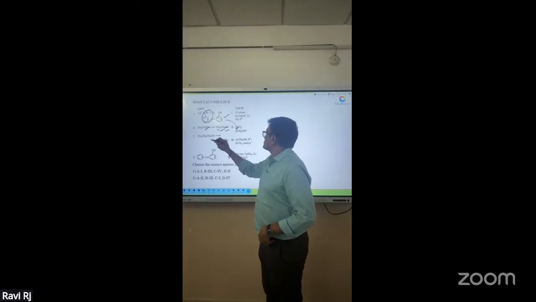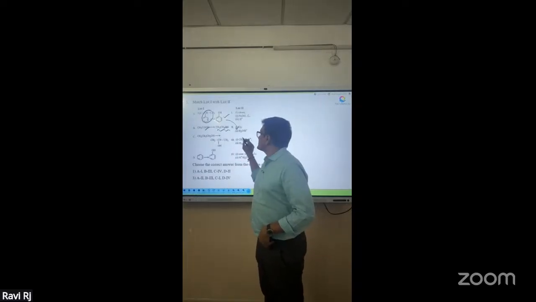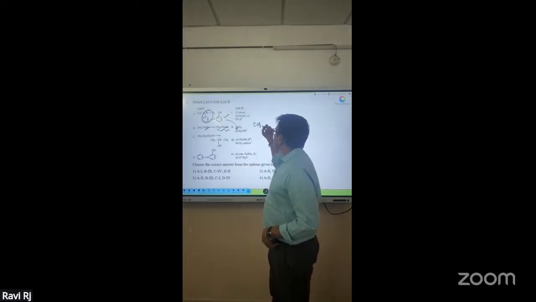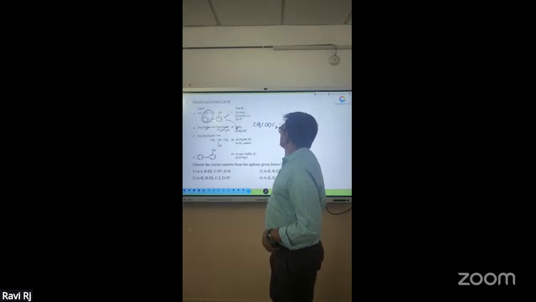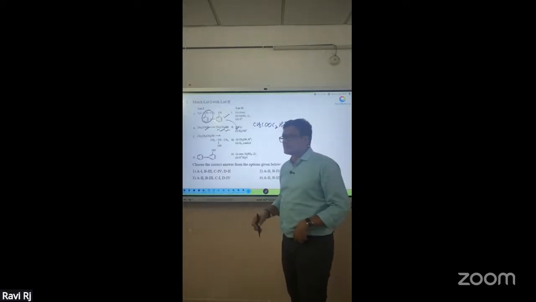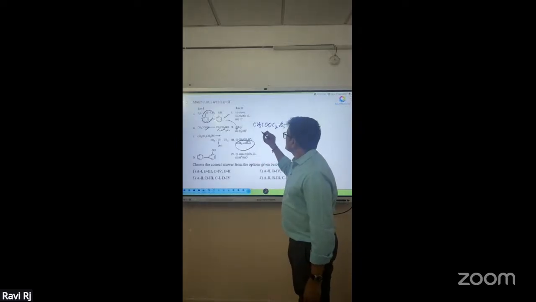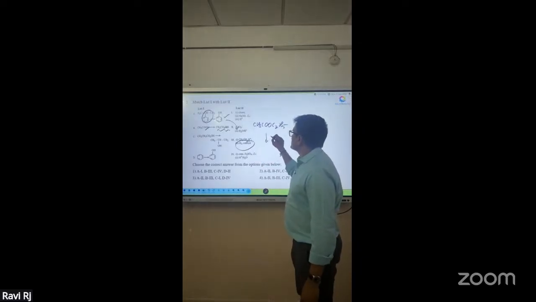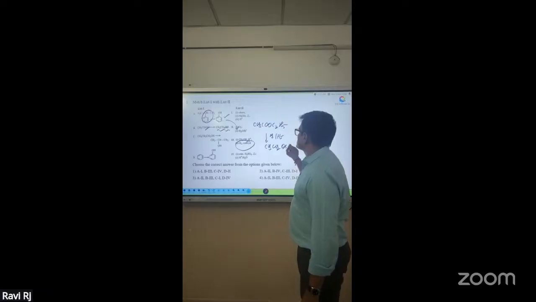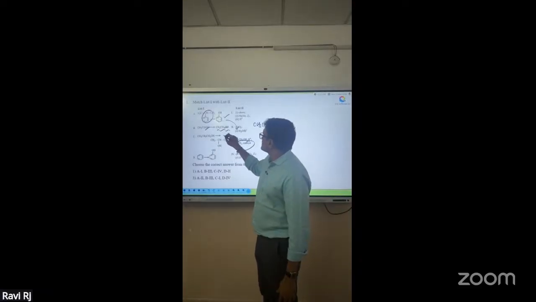For that, first you have to esterify, that means converting the carboxylic acid into ethyl acetate, and then subsequently reduce the group so that the entire thing is converted into CH3CH2OH.